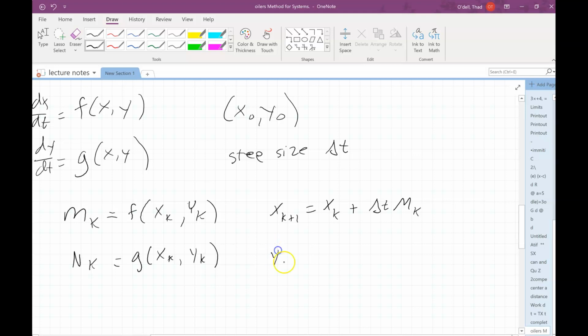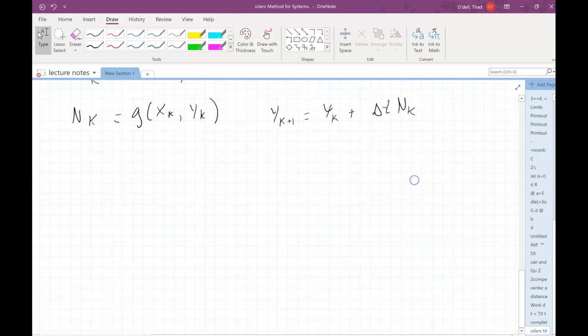And y sub k plus 1 would be equal to y sub k plus change in t times n sub k. So basically it's the same as the singular Euler's method, just applied twice with two different equations.